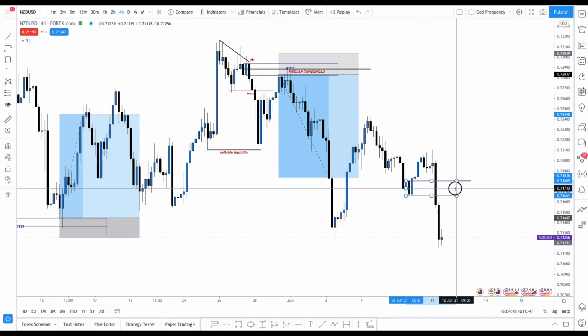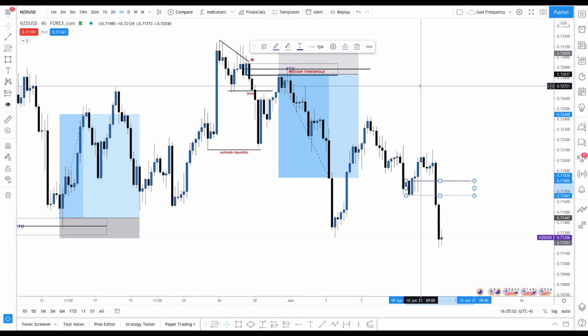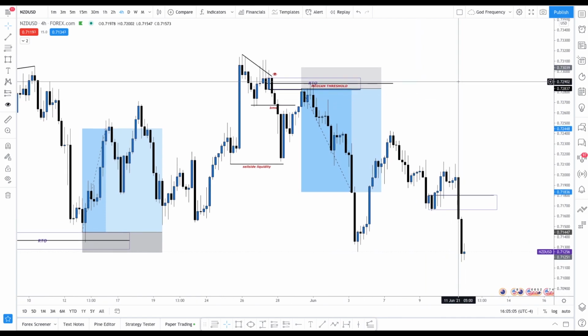You have to see where the most logical liquidity raid is at, and you have to base it off of that. So that's just to show you in a nutshell, not all order blocks are created equally, but as you can also see, they are highly, highly probable when other market conditions are in place.